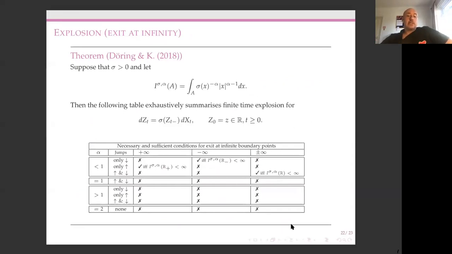And not surprisingly, we get a table here where I get criteria, if and only if, necessary and sufficient conditions for explosion, with down jumps, up, down jumps, explosion to infinity, explosion to minus infinity, explosion to plus minus infinity. All the action happens exactly where we didn't get any action for the entrance from plus minus infinity, and that's with alpha between 0 and 1.